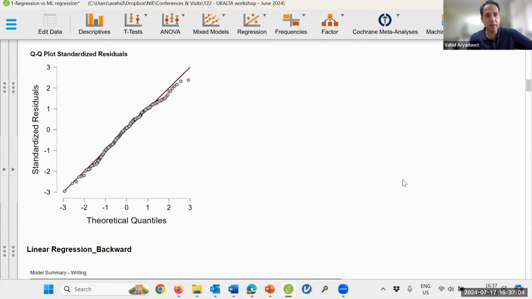Good. Okay. This is a QQ plot. Quantile. If you're asking what is Q, quantile plot. So a quantile is a statistical measure that divides the data set into several segments, depending on what quantile you're looking at.